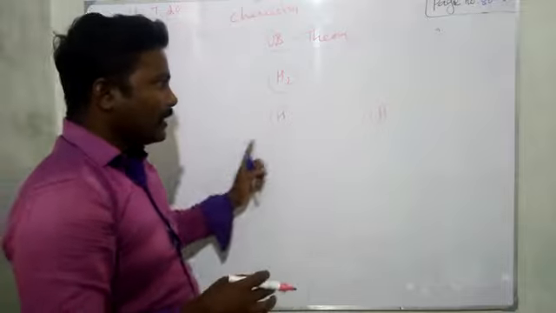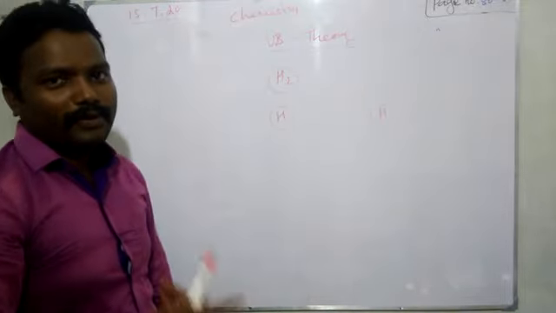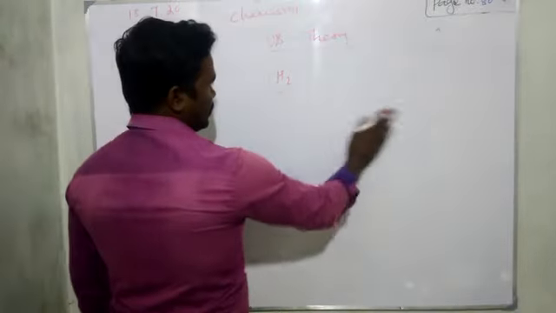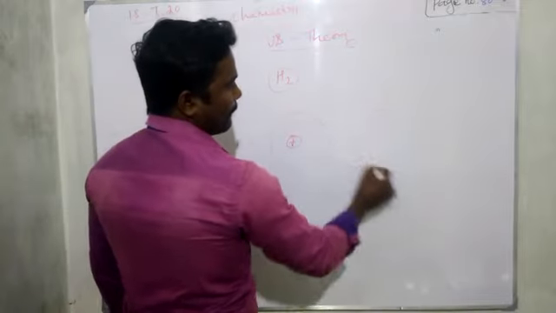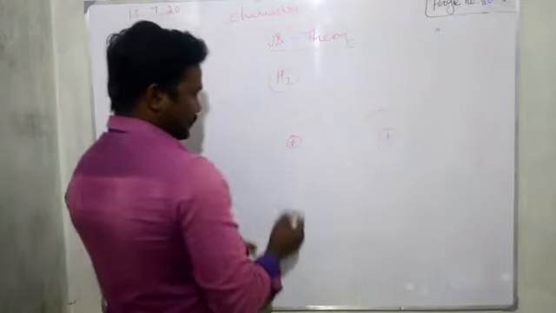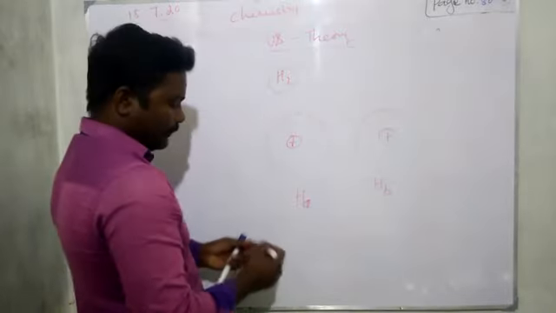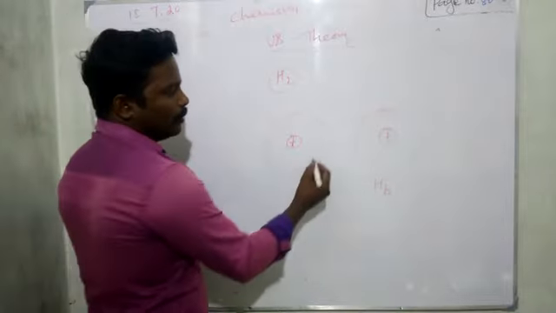But when they approach each other, they will face two types of attraction and two types of repulsion. If you draw this: nucleus, hydrogen A, hydrogen B.